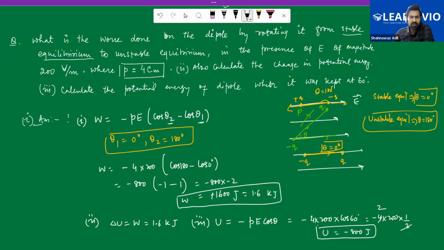Okay, so please note down this problem, and then we'll talk about the capacitor. So these are the questions on potential energy.